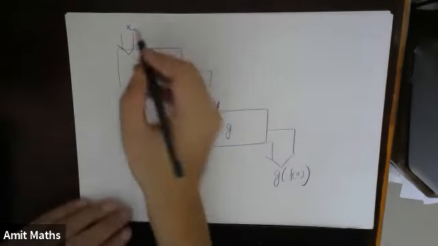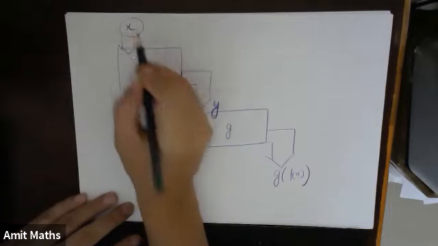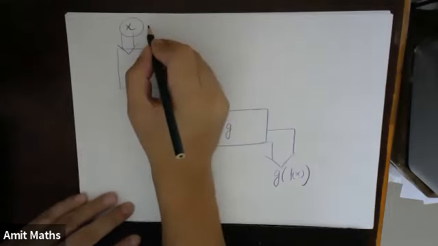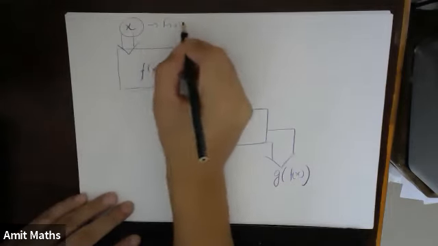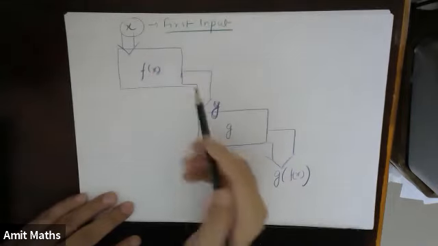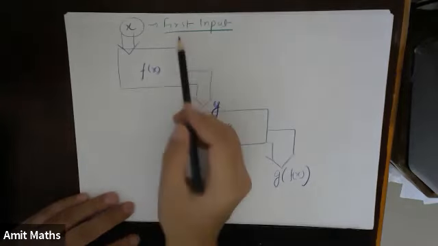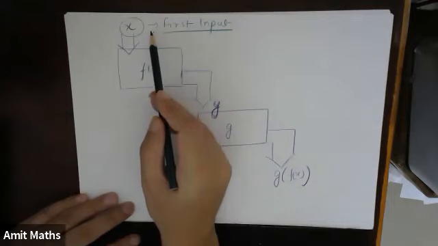So what is happening? At the first stage we are giving input x, the first input, as the value of x.